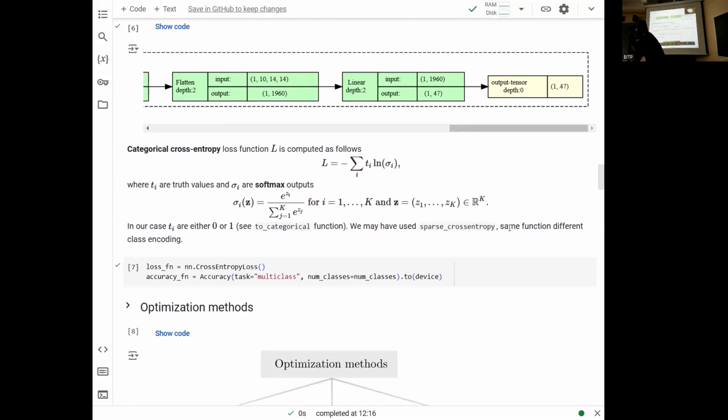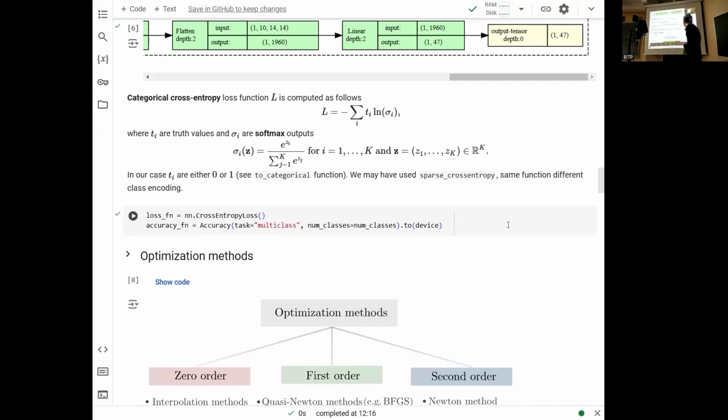How do we define whether a function is good or not good? You may notice that this thing will give me a vector that contains numbers from minus to plus infinity. What I do, I apply a softmax function. Here it is. You may notice that these exponents basically transform that minus to plus infinity to 0 to plus infinity.